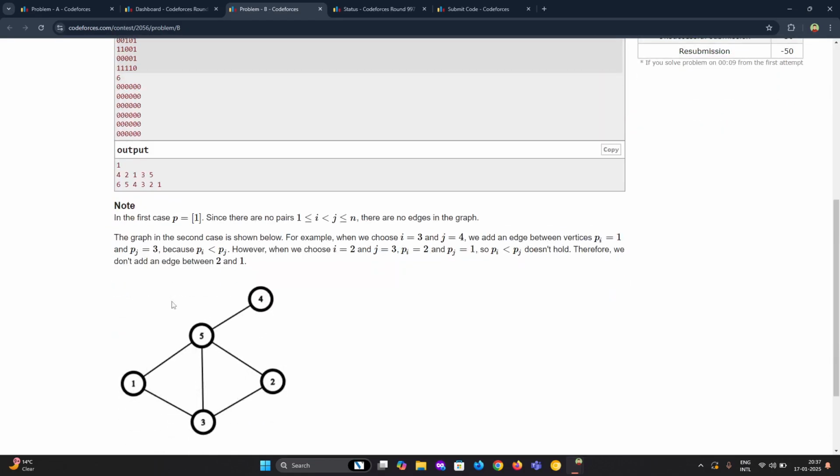Wait, but then how would you differentiate 41235 from 42135?